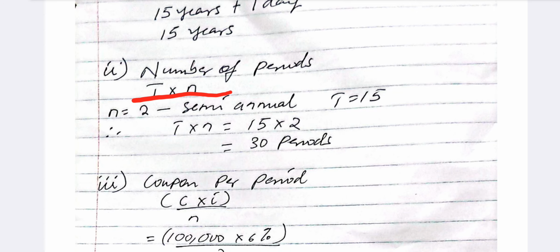And in our question we're told semi-annually, so every 6 months there's a payout on this bond. So we're going to take our 15 years and multiply it by 2, representing the semi-annual, to get the periods, and 15 times 2 gives us 30 periods that are left in this particular bond before maturity.